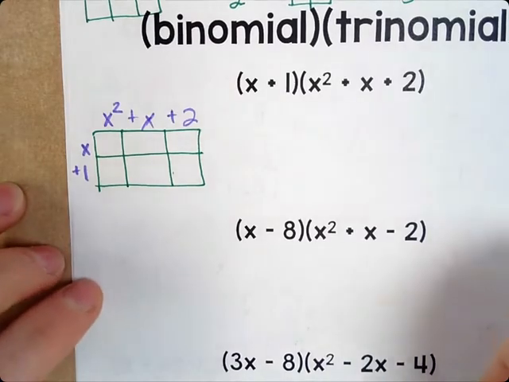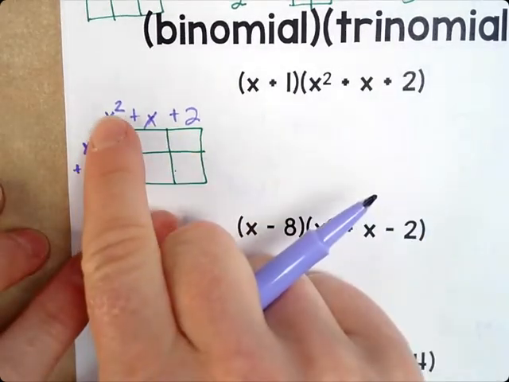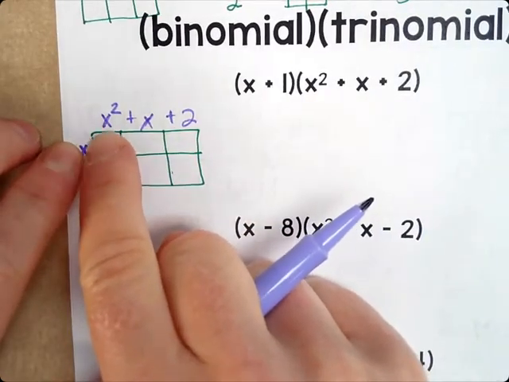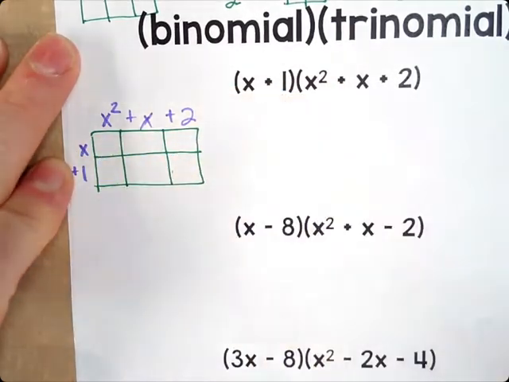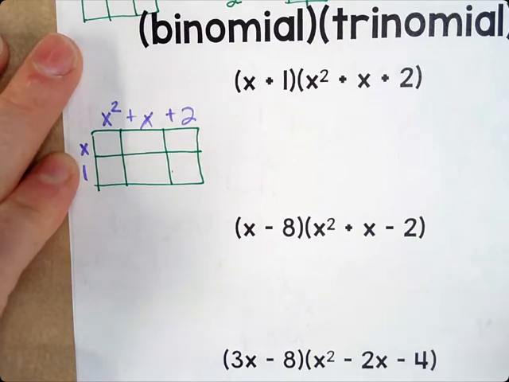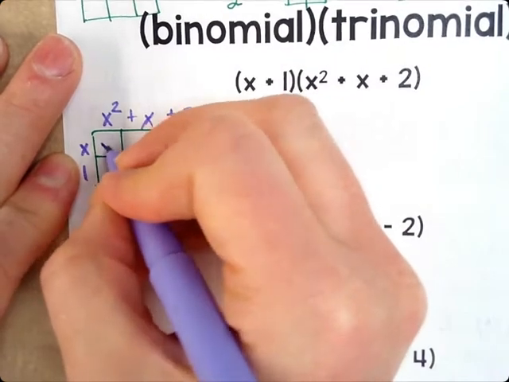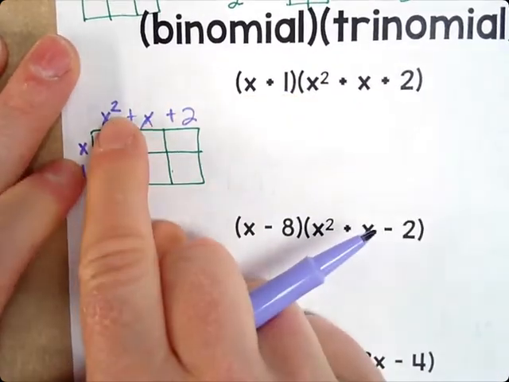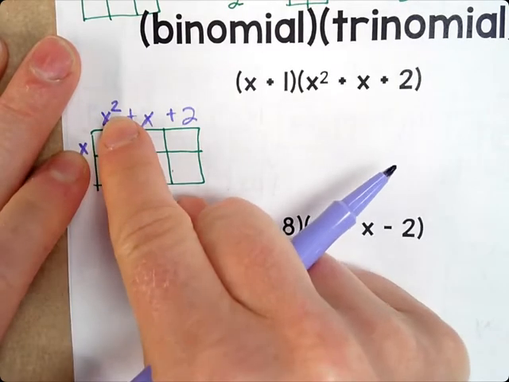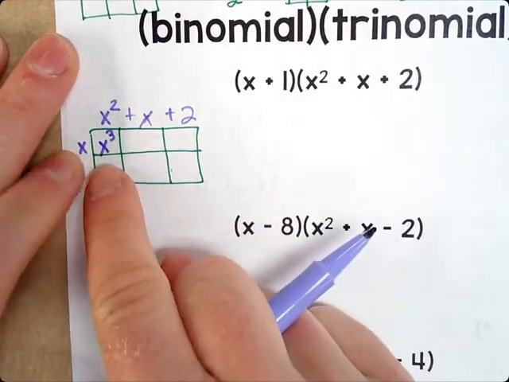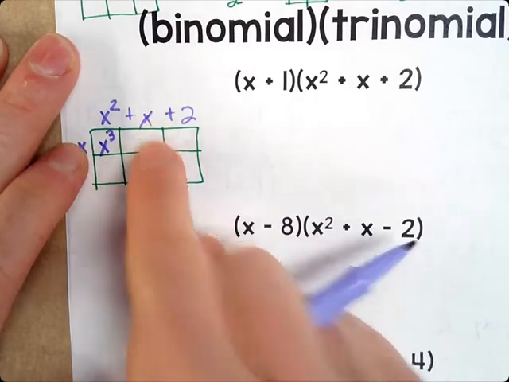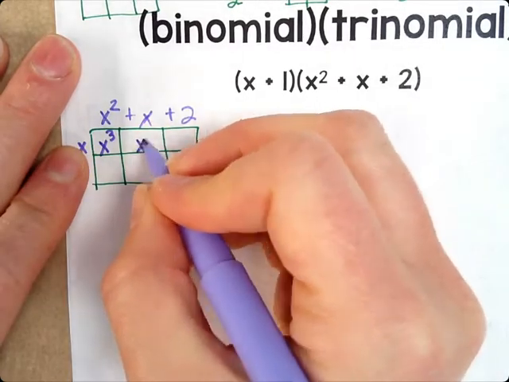Then we are going to multiply our terms. So x squared times x to get this term right here. How many x's will I have? X to the what power? Cubed, yep. Because I have 2 and 1, and whenever I multiply like terms, I'm adding their exponents. So that's x cubed. And then x times x, x squared.